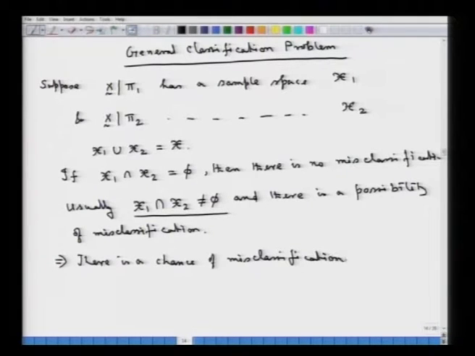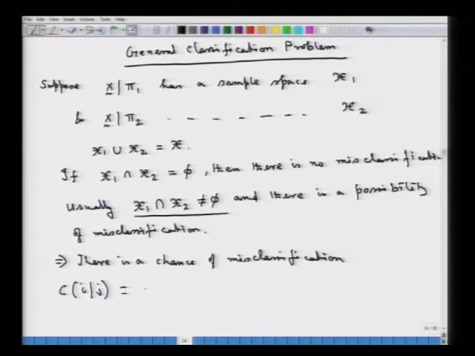Let us now denote by Cij the cost that one would incur for wrongly classifying an observation coming from the population indexed by j into the population indexed by i.